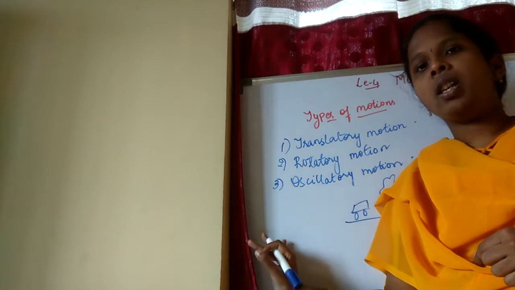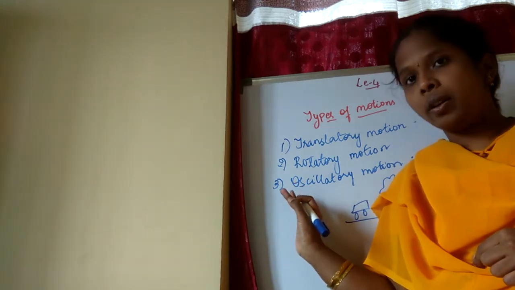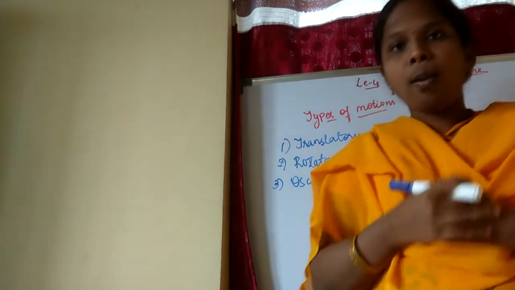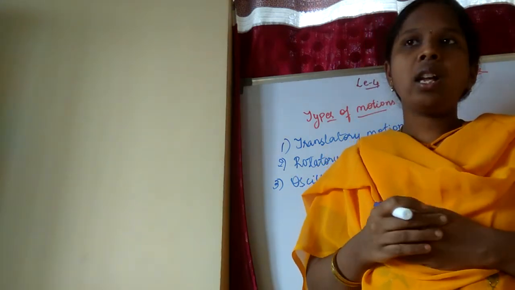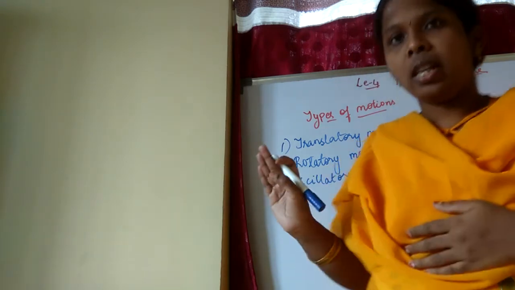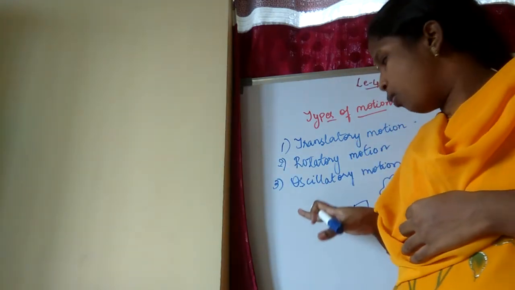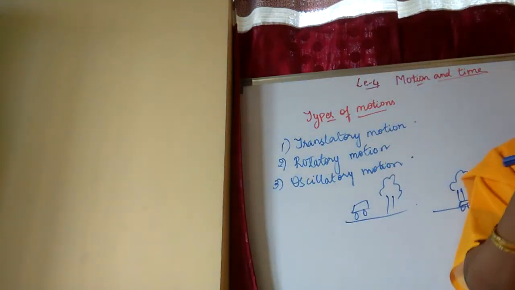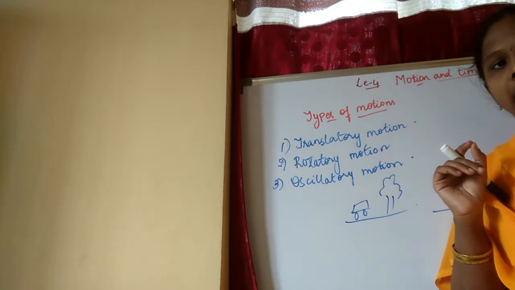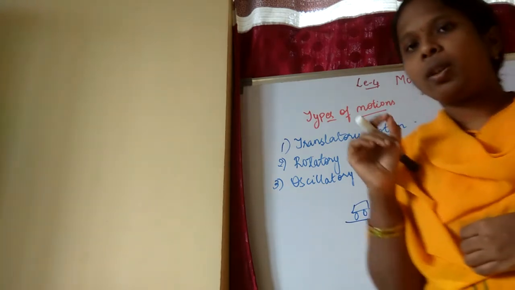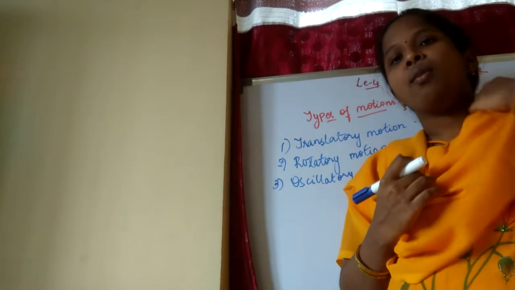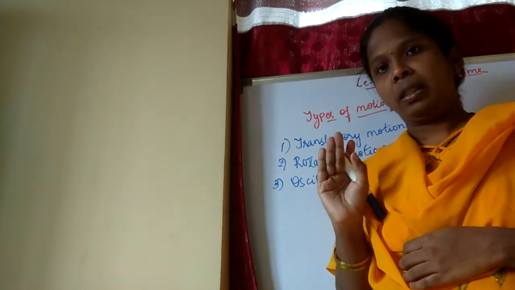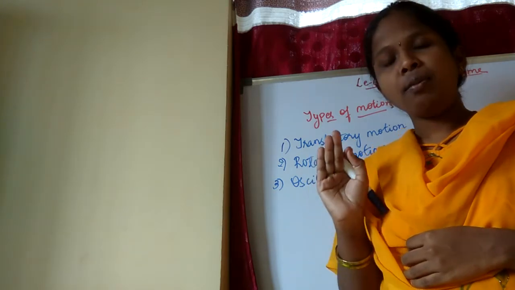So whatever the object is there, that is in motion. Here, who is the moving body? Here the moving body is the bus. So if all the parts of a moving body move in the direction of motion, then that motion is said to be a translatory motion.